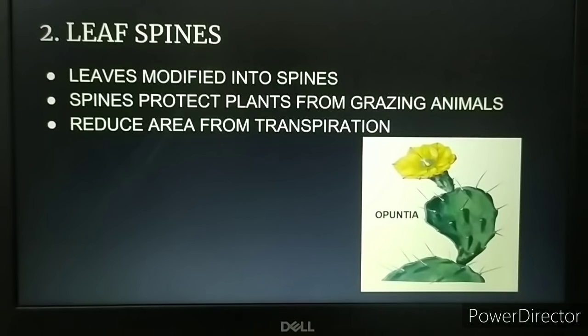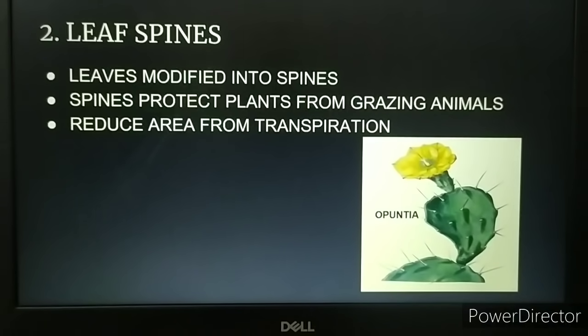Hence, the grazing animals cannot feed themselves on these types of spines, or we can say that animals cannot feed on the plants having spines.